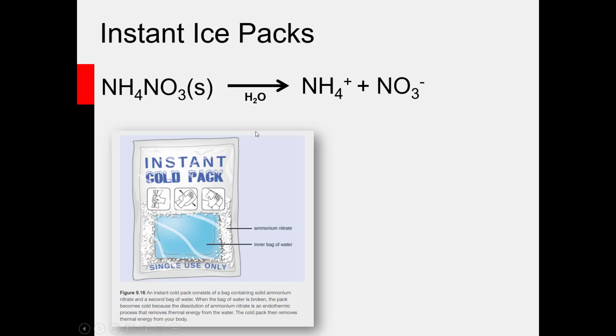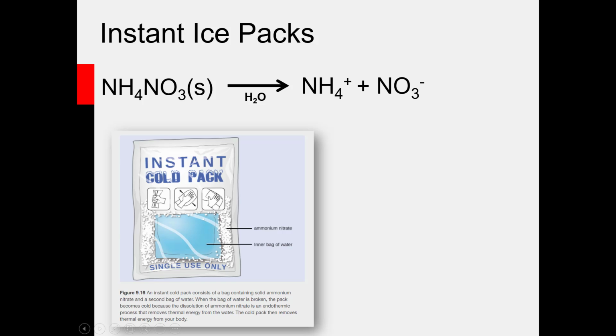In an instant cold pack, the reason it gets colder when you activate it, and here we're talking about a cold pack that you snap, not one that you have to store in the freezer, is that when you snap it, you get a mixing between powdered ammonium nitrate, which is inside the cold pack, and an inner bag of water.